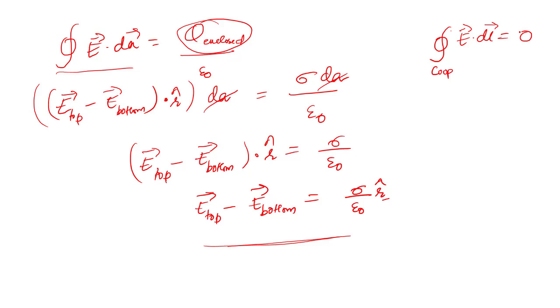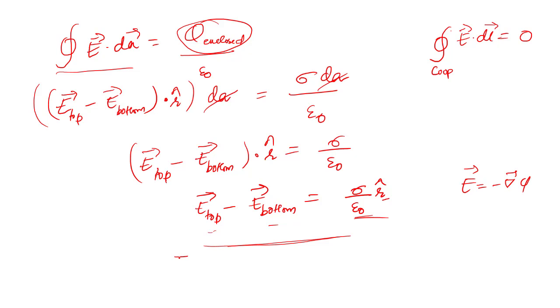That's how we can say that this E top minus E bottom in this case is completely radial, because there is radial symmetry in the case of a sphere. Now we came up with this, but we know that E is equal to negative grad of phi.